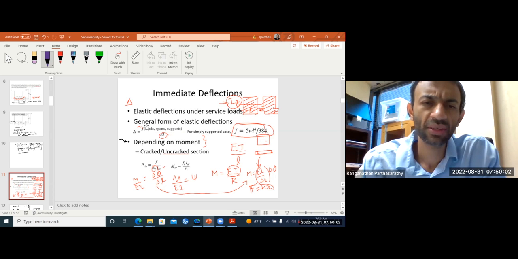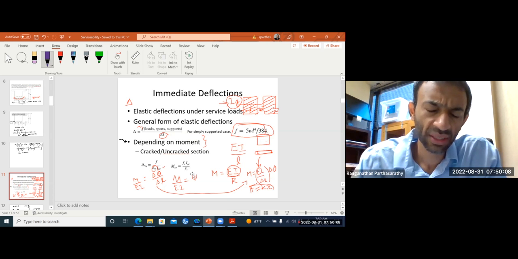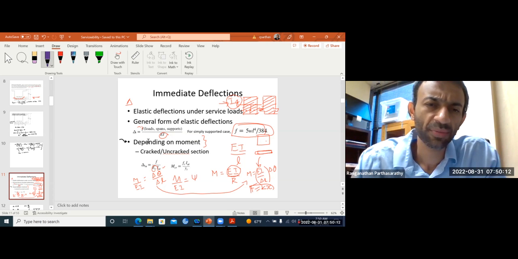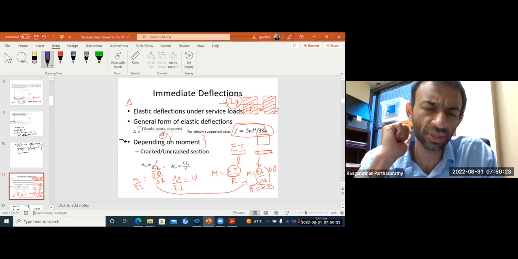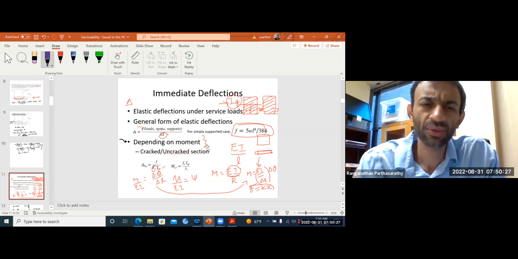So you usually have it in the form of a factor F divided by EI. We went over all of this. Basically, here your load is changing and your moment of inertia is changing. Your modulus of elasticity is constant, and that's of concrete what you use.